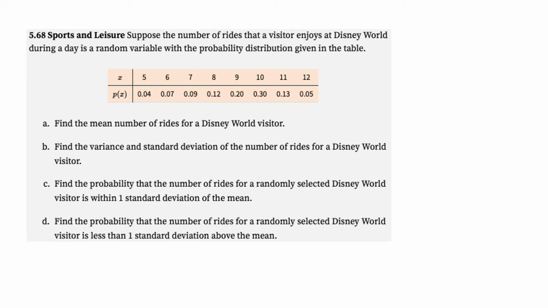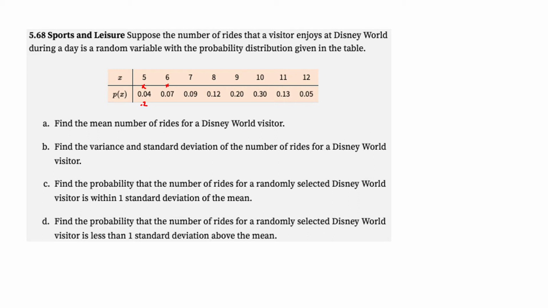So now we're modeling the number of rides that somebody enjoys at Disney World in a day. This is what questions would look like when they're asking you about some plausible real-life event rather than just to do the calculations on a distribution. Okay, so find the mean.